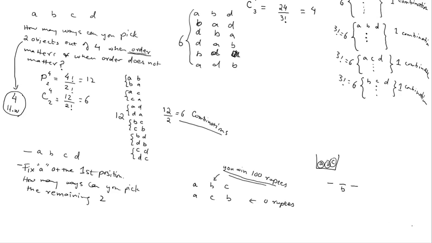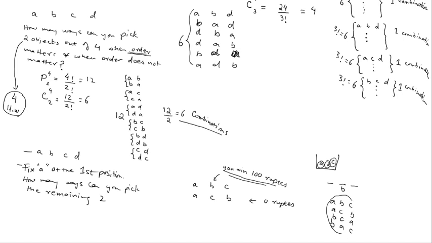Now in such a game you will only win 100 rupees if B comes at the second place. So if you get something like this, you will win 100 rupees, but if you get something like this, you will not win 100 rupees.